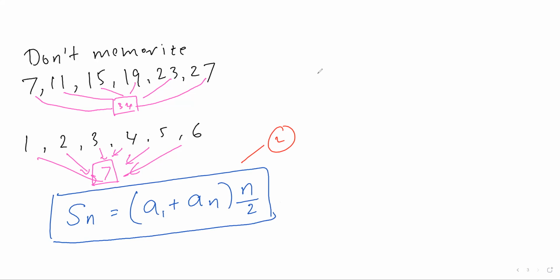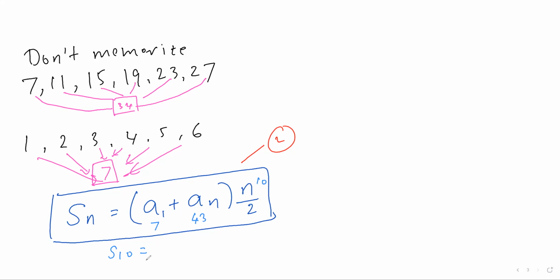Let's also do an example on that. Same example, what's the sum of the first 10 numbers here? You previously found the nth number, the 10th number, so that was 43. The first number is 7, and n is 10.